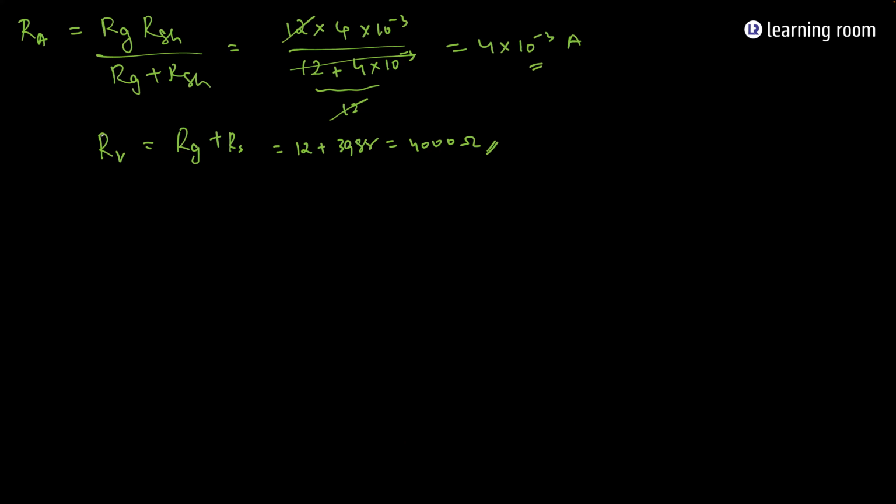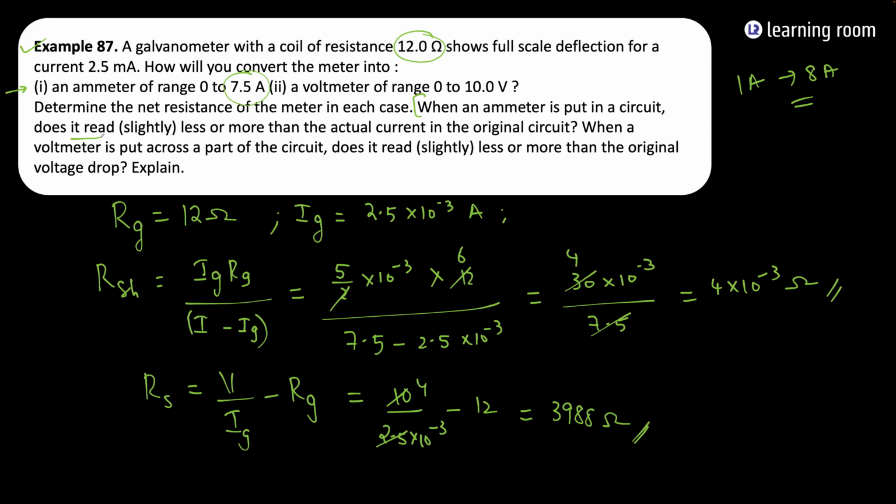Since it has some resistance, it will also draw some current. So when this is also going to draw some current, what happens? The value of the current is less. Similarly, when a voltmeter is put across a circuit, does it read slightly less or more than the original voltage?